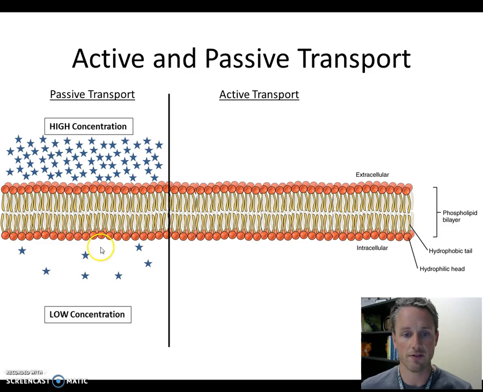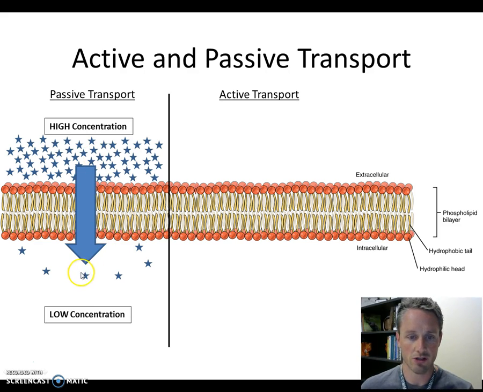And at the bottom, there's a very low concentration of these stars. And we know from diffusion that any molecule wants to move, or will freely move, from where its concentration is high to where its concentration is low. And that's what passive transport is. Passive transport is just any time a molecule is moving from where its concentration is high to where its concentration is low.